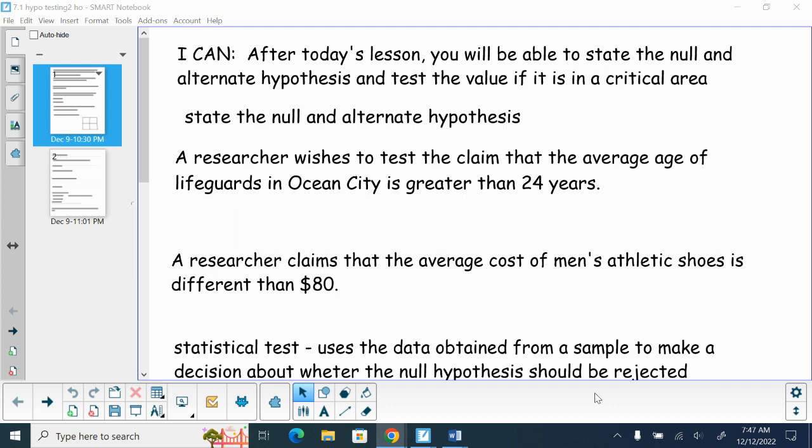Okay, we are going through the idea of hypothesis testing. It is the final step in regards to statistical analysis because we want to make educated guesses. A hypothesis is an educated guess, but we now want to statistically test that hypothesis that we have.